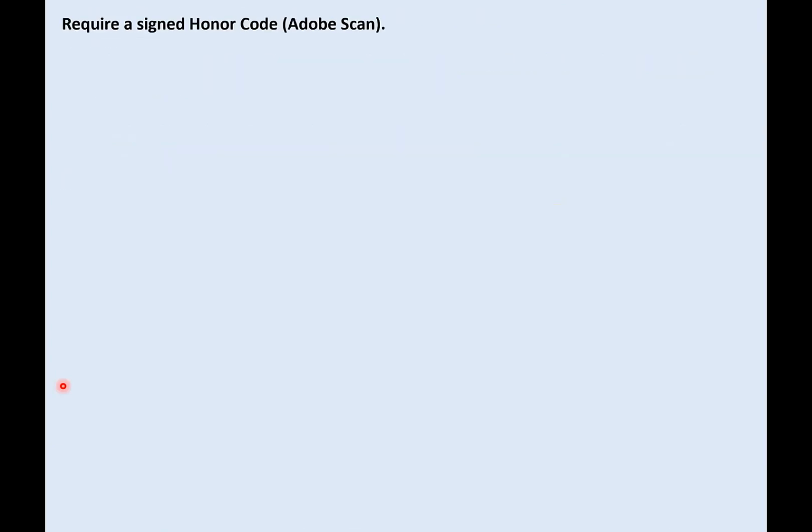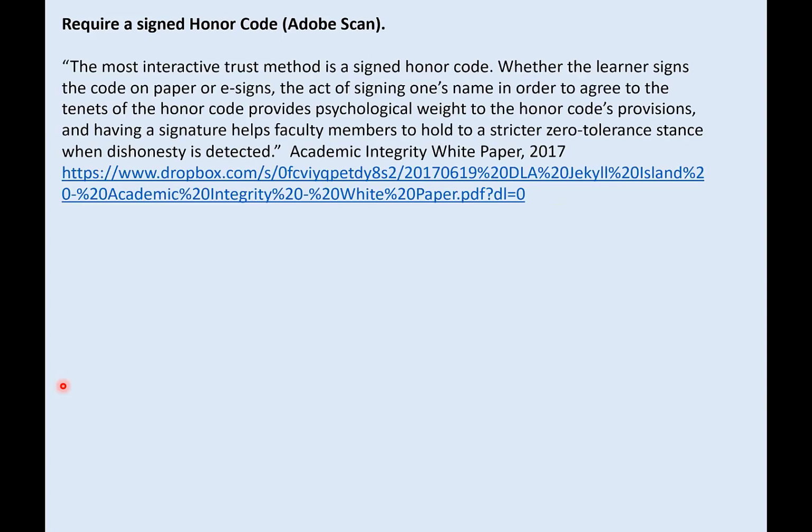Okay, I'd also like to talk about honor codes. It's hard to have a signed honor code, but you can use Adobe Scan. It's super easy. So let's talk a little bit about honor codes. From an academic integrity white paper published in 2017, with the link shown right there, the most interactive trust method is a signed honor code.